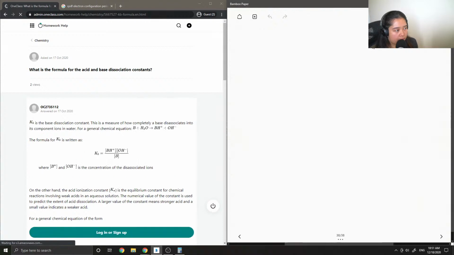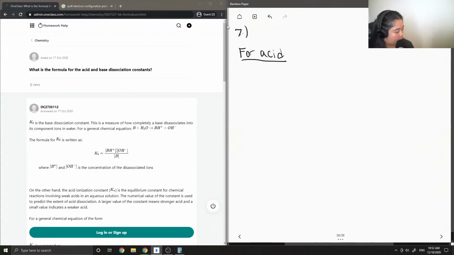Okay, so on to question 7. What is the formula for the acid and base dissociation constants? Okay, so first let's do the acid dissociation constant. So when we have a general acid, let's just write it as HA.